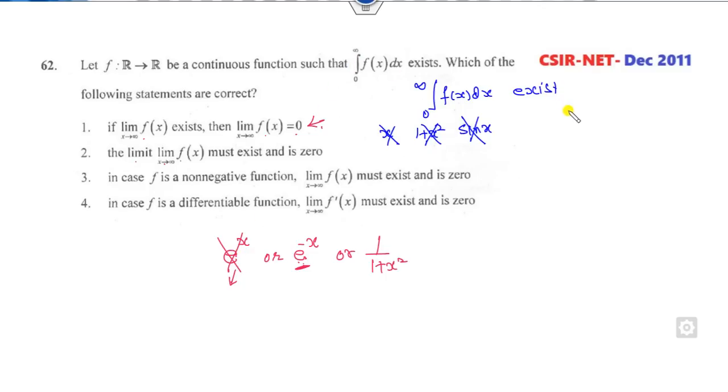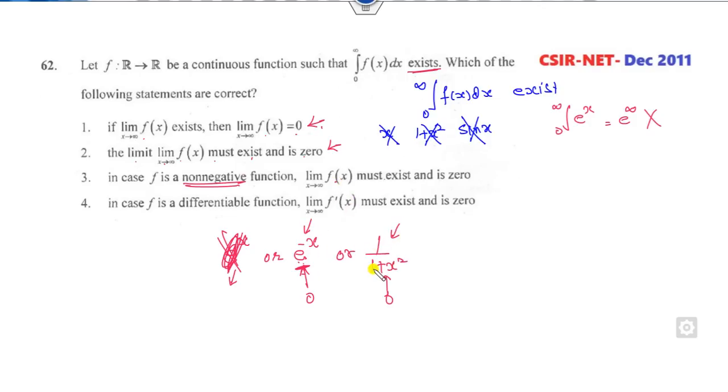The limit of f must exist, but here it is not true. Is it satisfied? e raised to power x at infinity? No, it is not finite, but he said it exists. So this function will not exist. So the limit must exist, correct. Limit must exist, correct. And it is 0, yes, it is 0, correct. f is non-negative. This is also an increasing function. This is also a positive function. Both are positive.